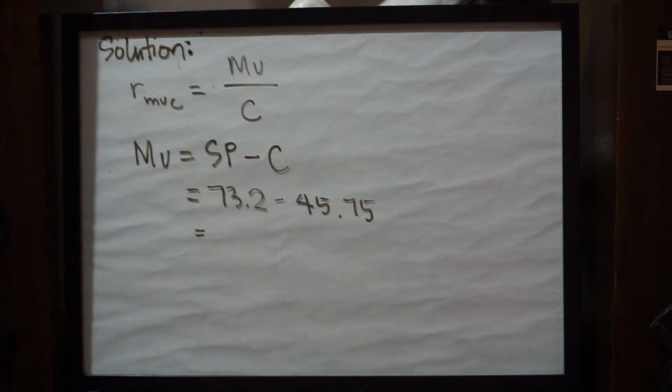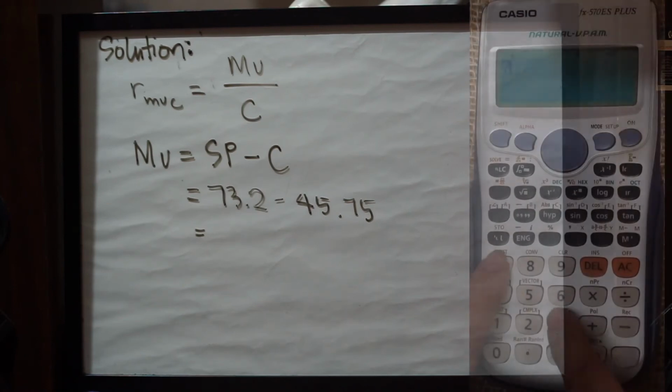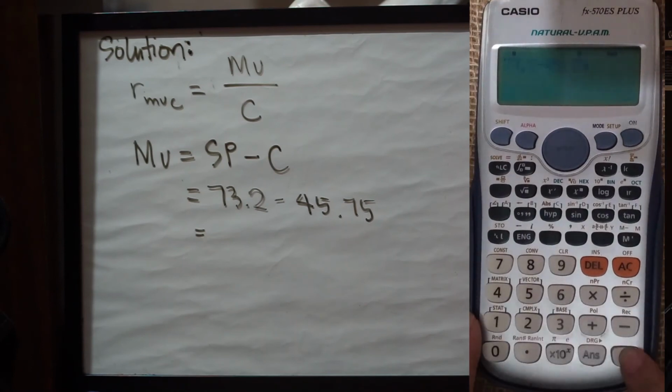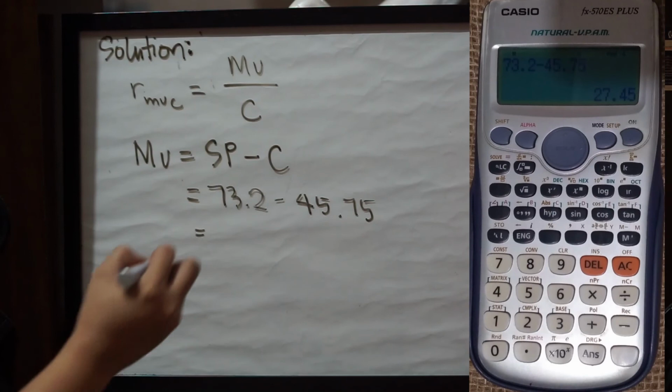Kung matalino, sige, wag gumamit ng calci, wala namang problema sa akin. Pero if you want to be sure, you can use your calculator. Solving 73.2 minus 45.75, the answer will be 27.45.